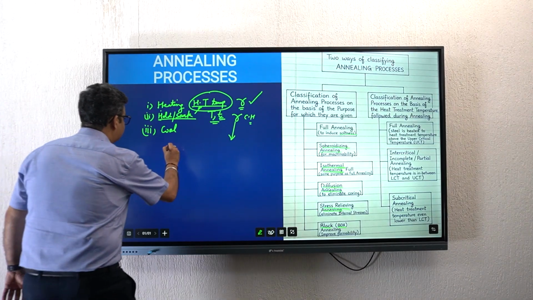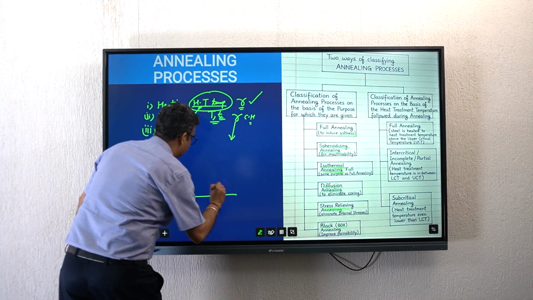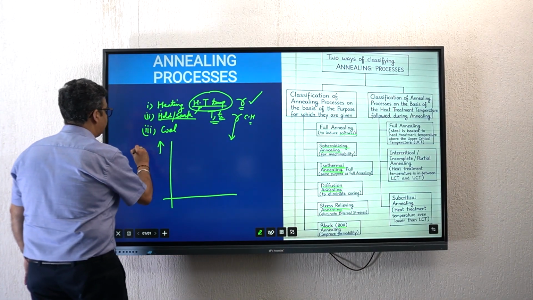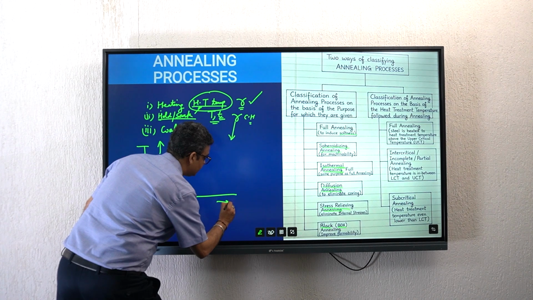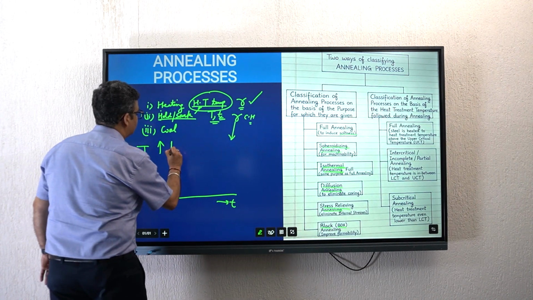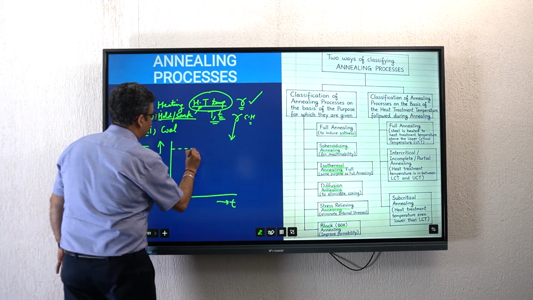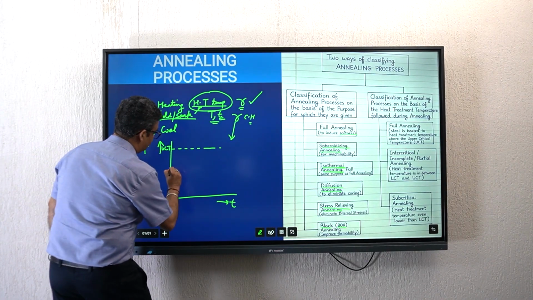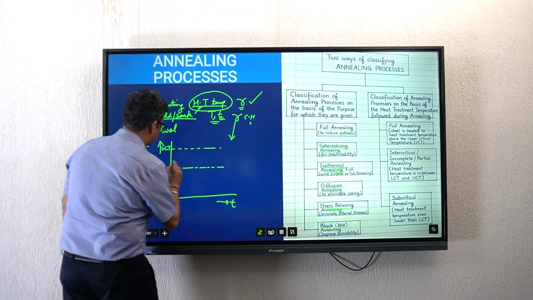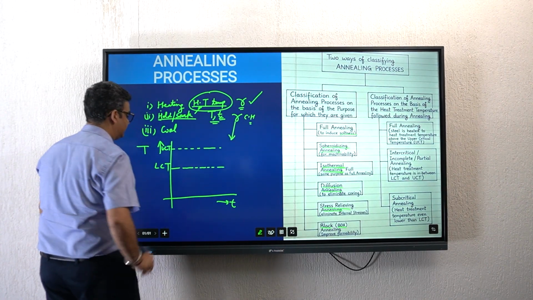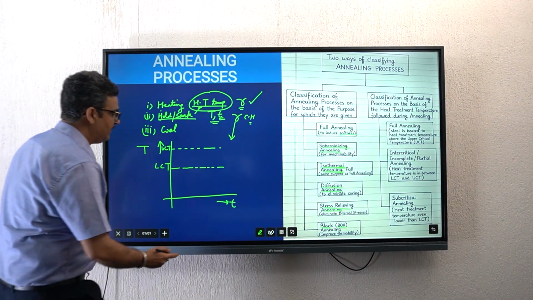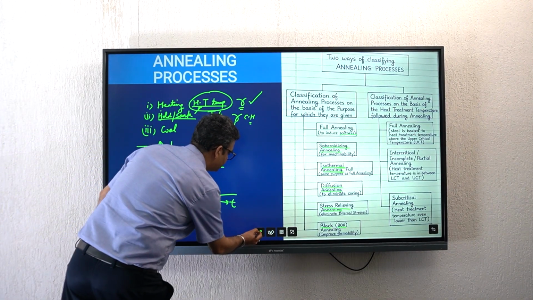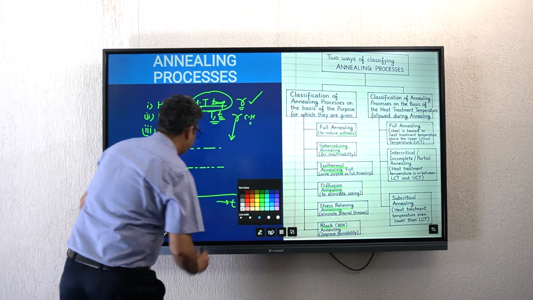process. Students, if I try to explain with the help of this temperature versus time graph, suppose we have a steel, that steel's upper critical temperature is this, that steel's lower critical temperature is this. Now I have taken that steel at the room temperature conditions, right?